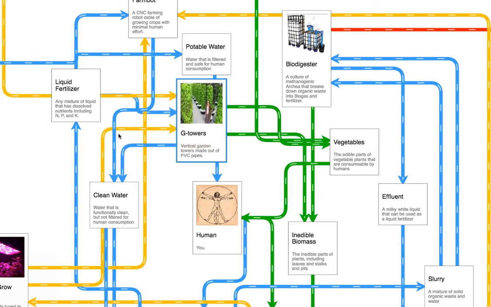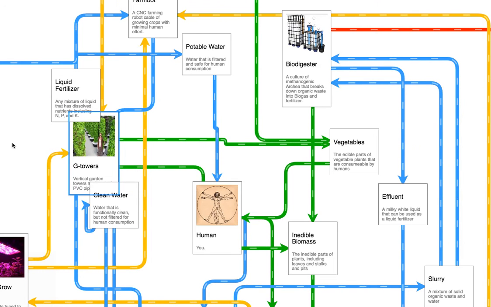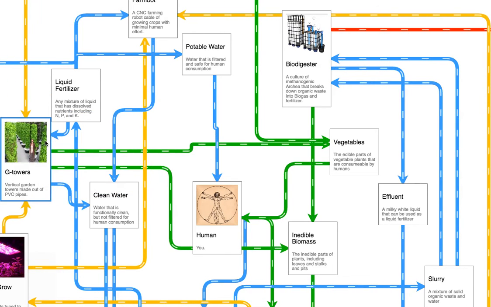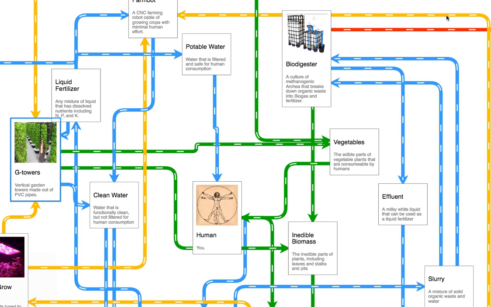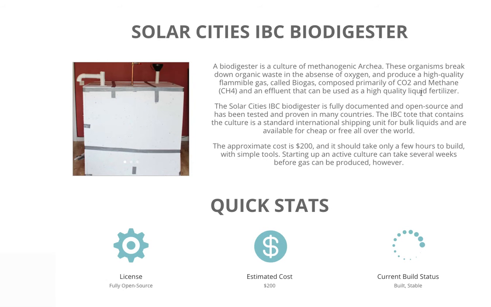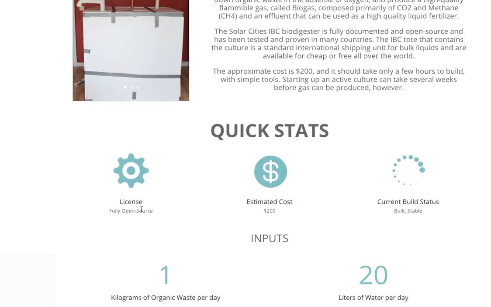And then if you click on them, which I will not do right now because it's not quite set up, the idea is that if you click on them, it would take you to a page, not unlike this page that I made, that tells you about this thing that already exists, what its license is.